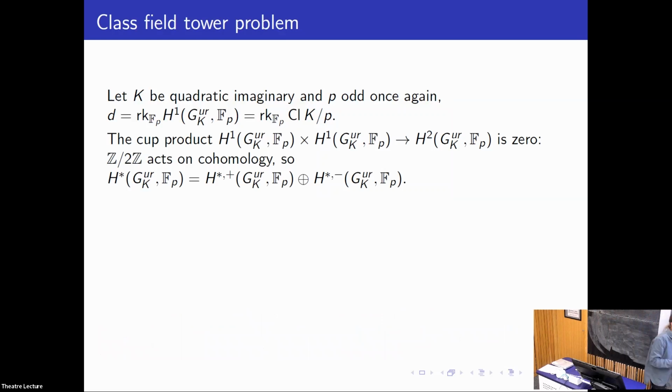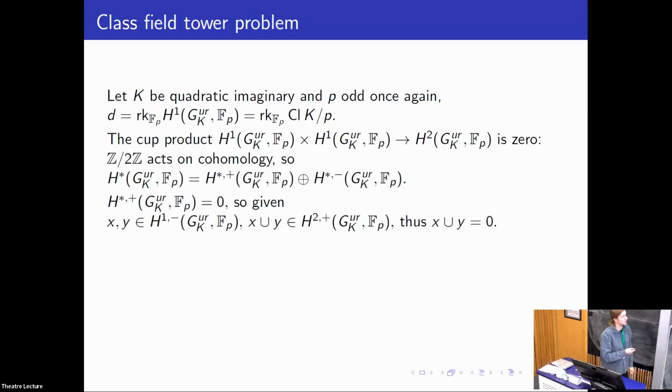It's always 0 for p odd, because Z mod 2 will act on the cohomology group. This will split into eigenspaces, a plus and a minus eigenspace. And then it turns out that the plus eigenspace in both degrees 1 and 2 is 0. So that means that H1 will only have a minus eigenspace.